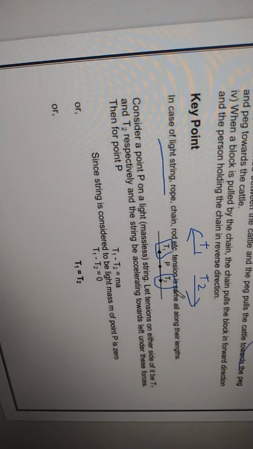So T1 minus T2 is equal to MA. The string is accelerating towards the left under these forces. For the point P, the acceleration A is in this direction, the left side.